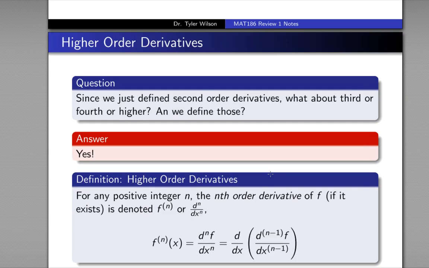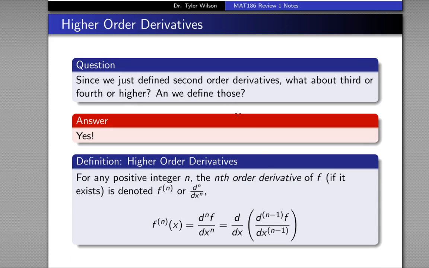Higher order derivatives sound like they're more complicated, but really they're not. If you want the second derivative of something, or the third derivative of something, that just means keep taking the derivative. So in general, the nth derivative, say n is 5, the fifth derivative of a function is equal to the derivative of the fourth derivative.